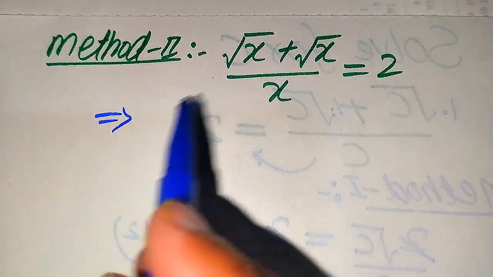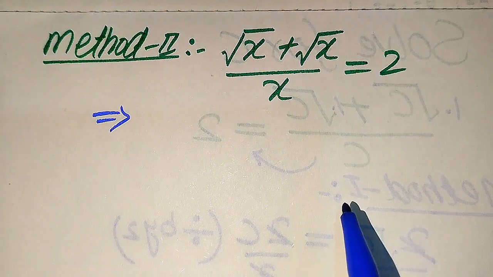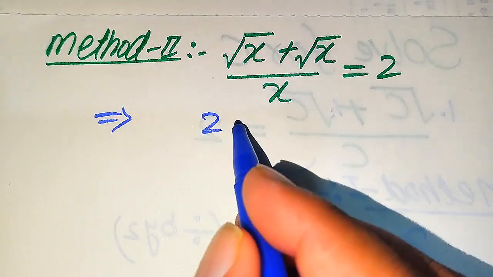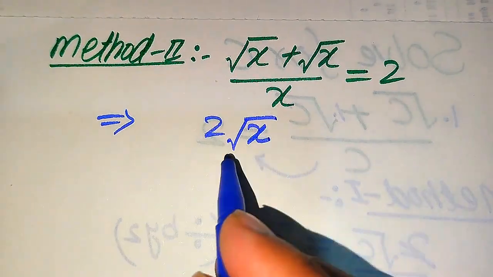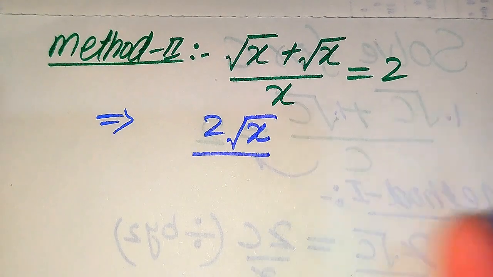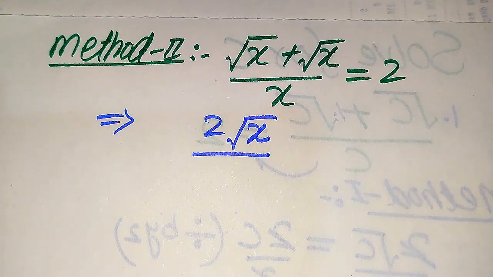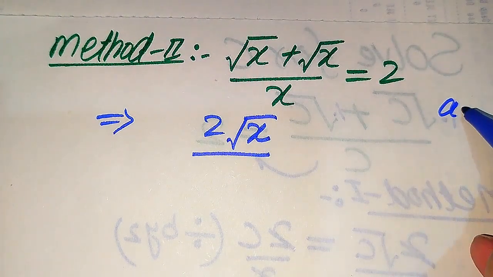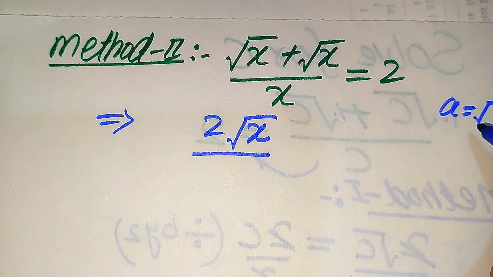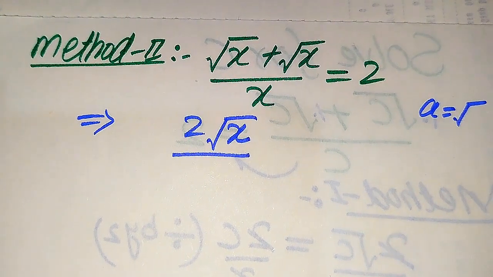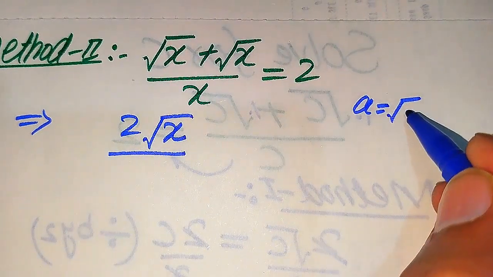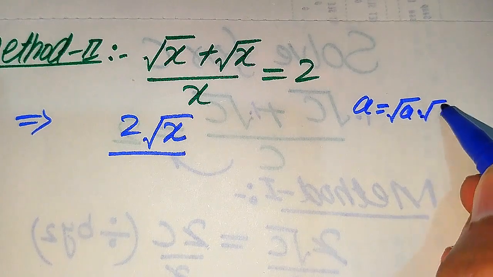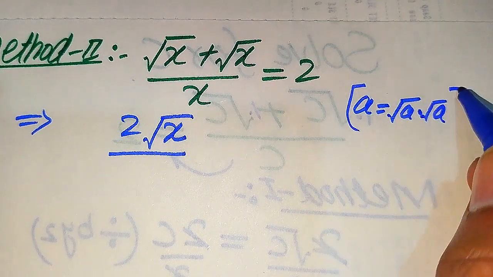Here first you see that these are the two same variable terms added to each other, so it becomes 2 times square root of x divided by x, and you know that if you have any number a, we can write it in the form of a product of two square roots. So we write a as square root of a multiplied by square root of a.